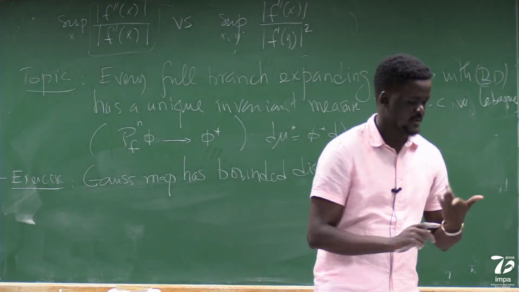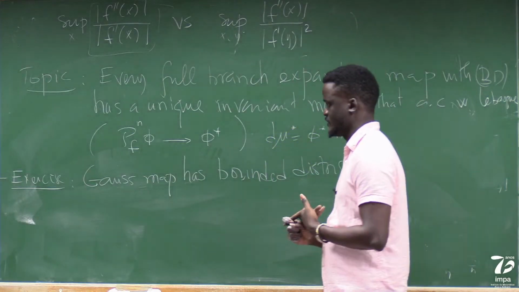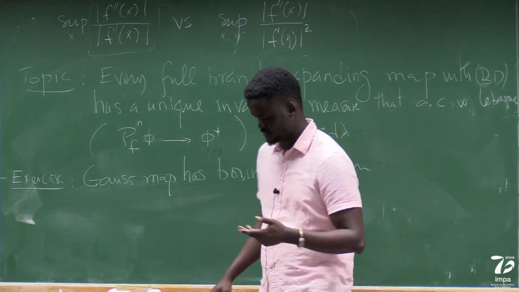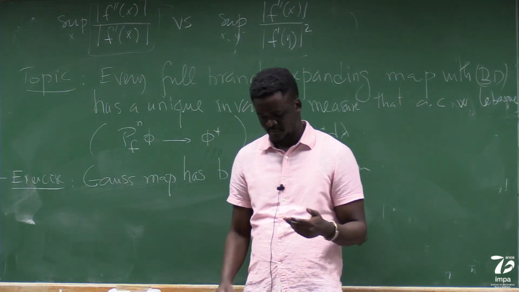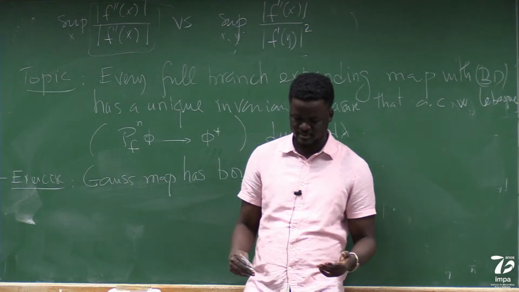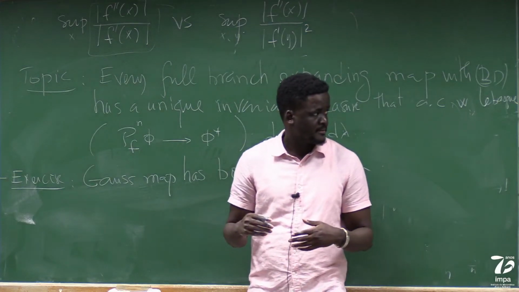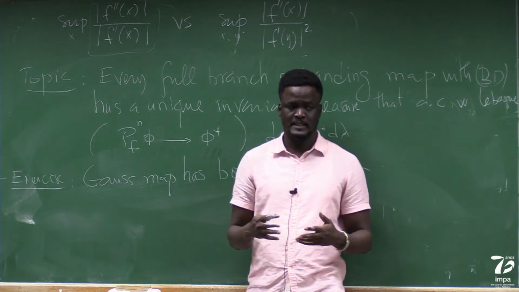So this is a way to prove ergodicity for expanding maps: prove bounded distortion, find the measure that is absolutely continuous with respect to Lebesgue, and that measure will be ergodic.